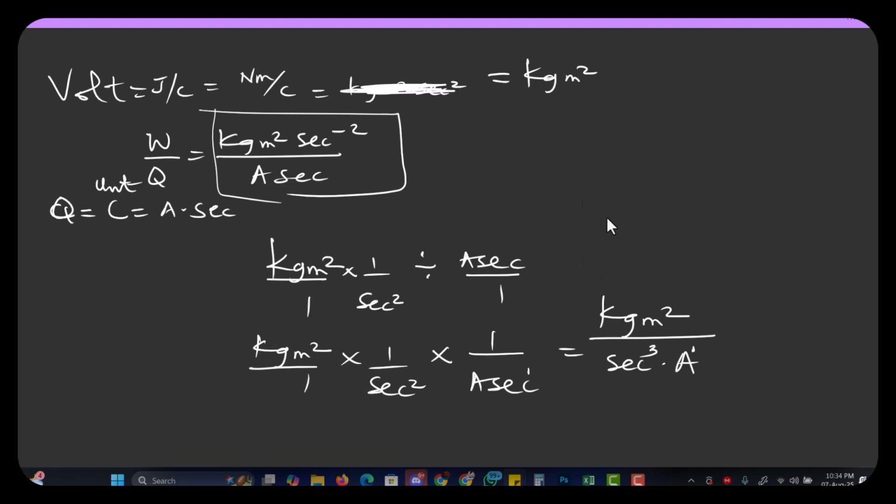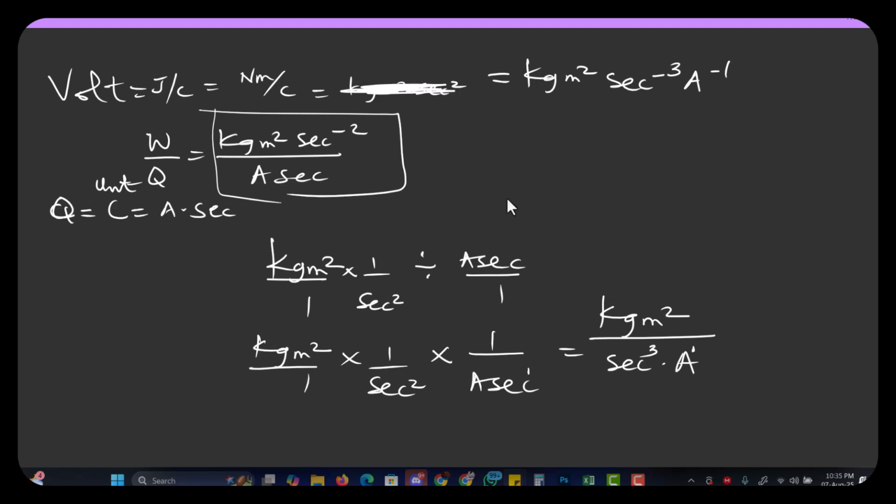So after writing kilogram meter squared, I write second cubed as sec minus 3, because I am taking it up and no longer keeping it below. Likewise, this ampere, if I take it on top, I'll change it to A minus 1. Remember, it has an invisible power of 1.